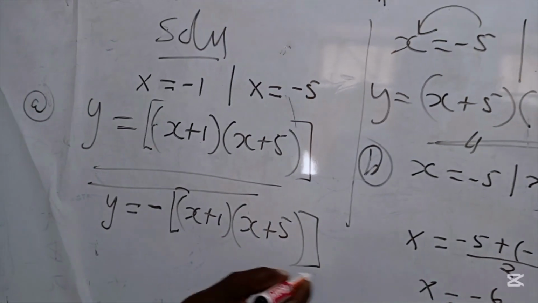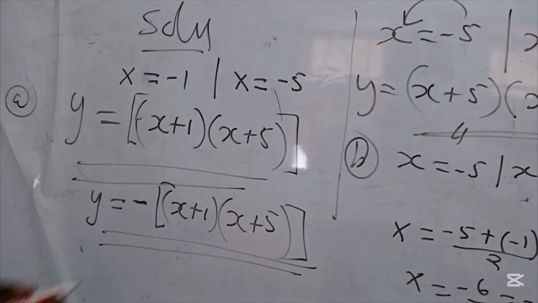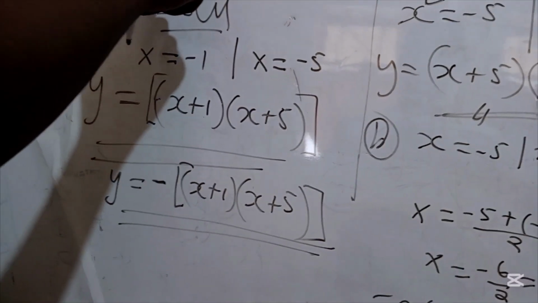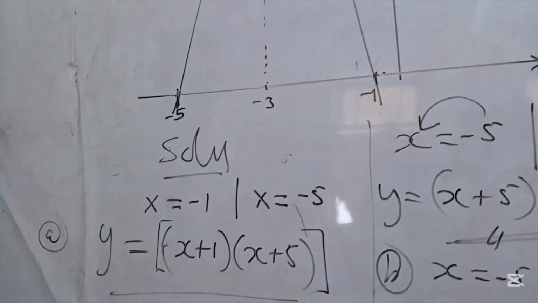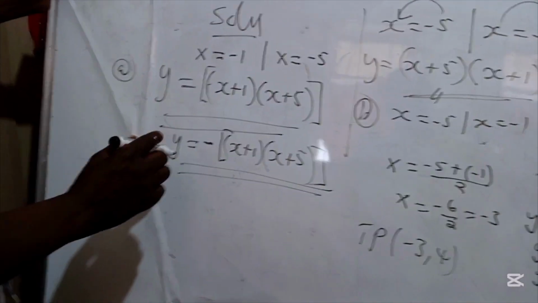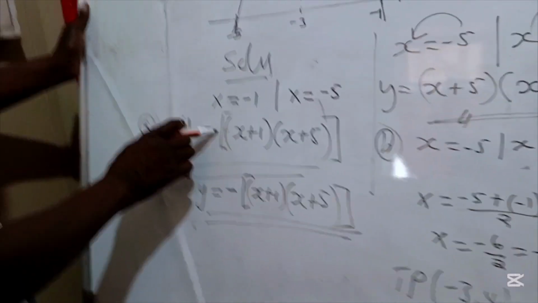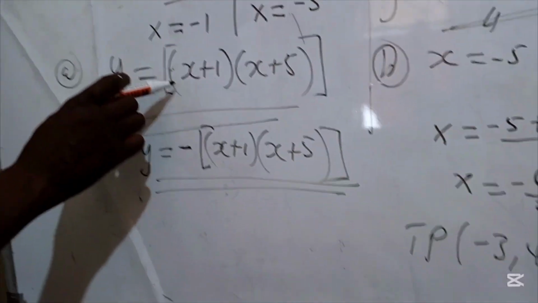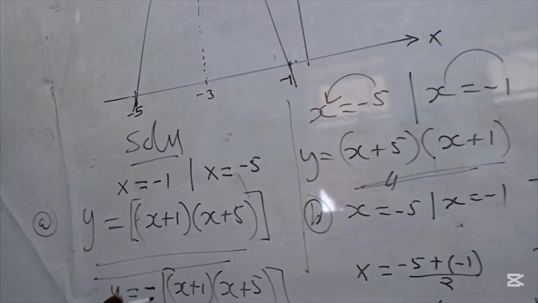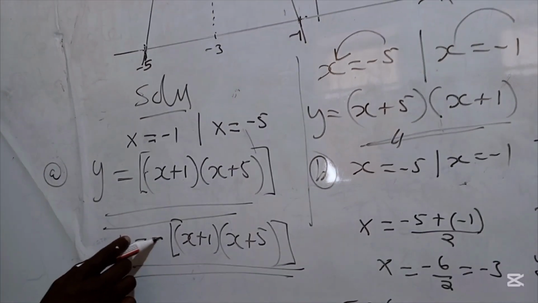So this is the maximum parabola. Why have I said it is a maximum parabola? Because the value for a is supposed to be negative. A point of correction, which is very important to note, is that you insert a negative, because this one is a minimum, it will come down. So for me to have a maximum, I should introduce a negative.